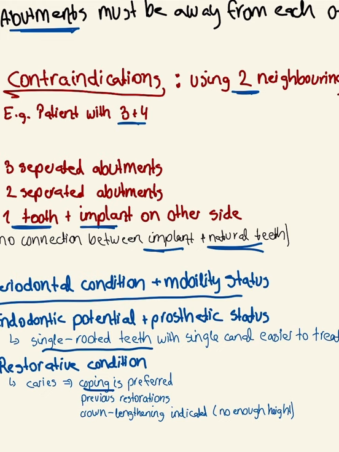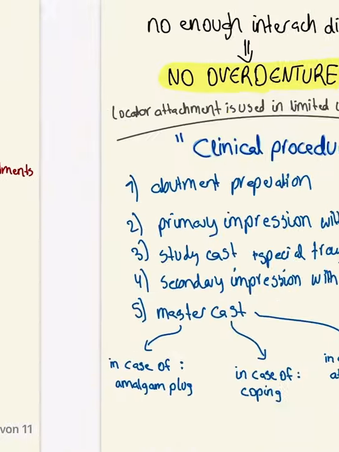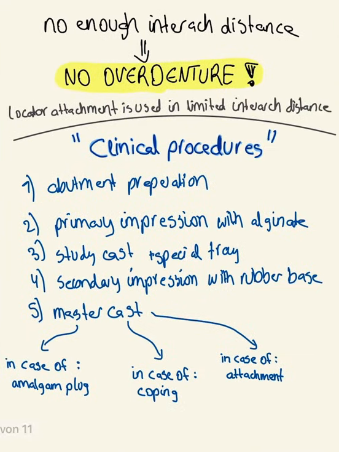We have to look at previous restorations on the abutments before doing the overdenture, and look at the crown lengthening, because some have a long crown root ratio, which has to be reduced before doing the overdenture. And very, very important is, if we have not enough inter-arch distance, we cannot do any overdenture.